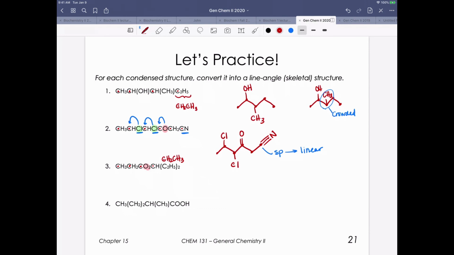So I'm going to make one of them be a dangle, and then one of them is going to be in my straight chain. All right, so let's see what we've got here. I've got 1, 2, 3, 4, 5, 6 carbon atoms in a row. All right, so let's do that with my zigzags. 1, 2, 3, 4, 5, 6.